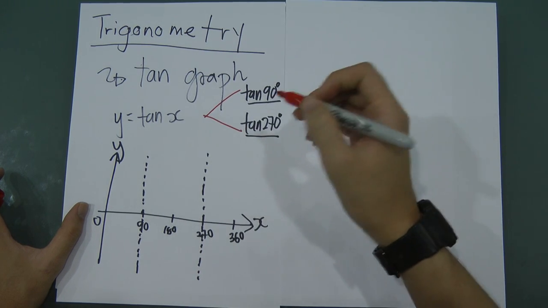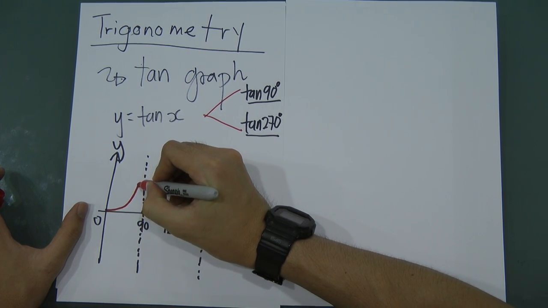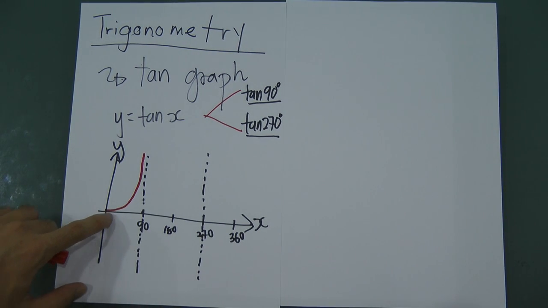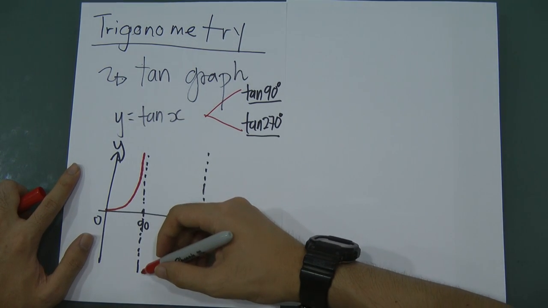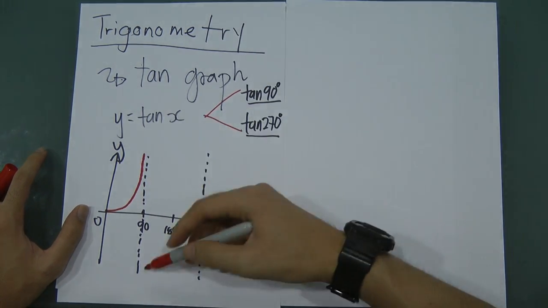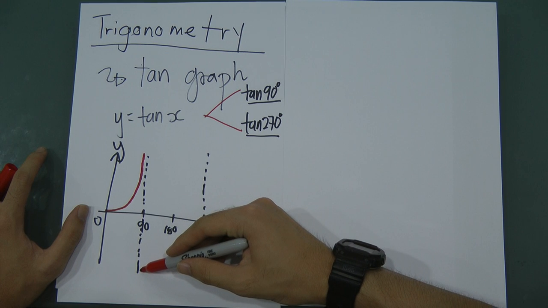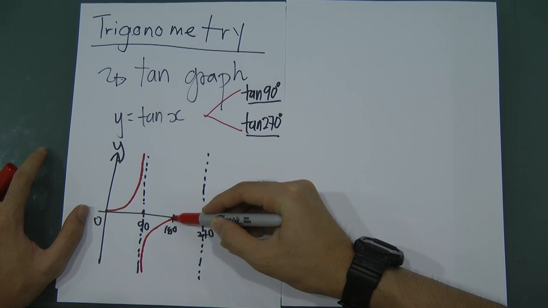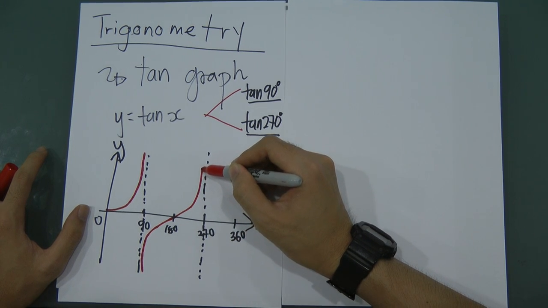Since tangent 0 starts at 0, it will get very close to this line, like a magnet, but it never touches it. From 0, it goes from here. I use red color. All my tangent lines will get very close to these two lines, but they will never touch. So after 90, I start from the bottom, from negative infinity. I get very close to this line but never touch. Then I cross 180 and continue to get very close over here, but never touch.